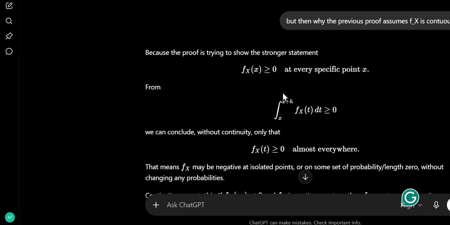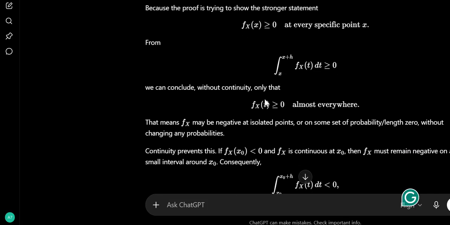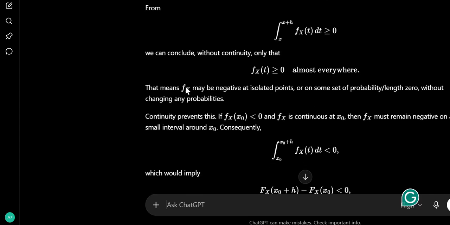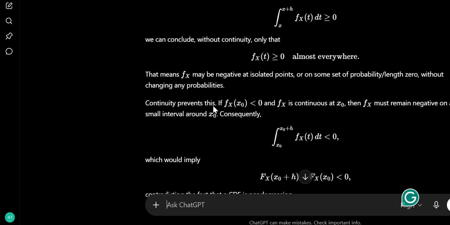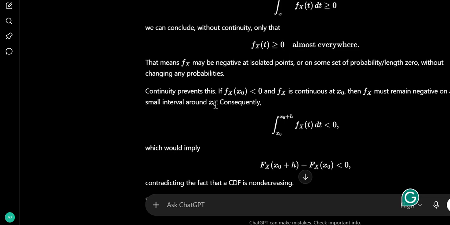At every specific point, non-negative. From this, we can conclude, without continuity, only that f_X is non-negative almost everywhere. That means f_X may be negative at isolated points or at some set of probability length 0 without changing any probabilities. Continuity prevents this.